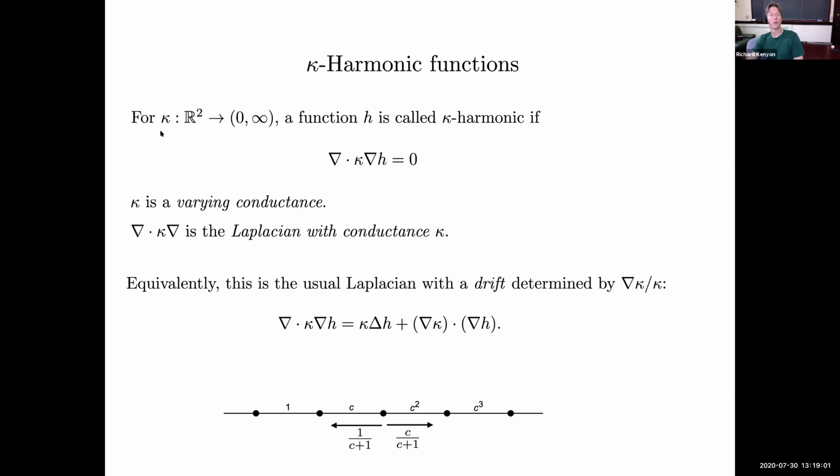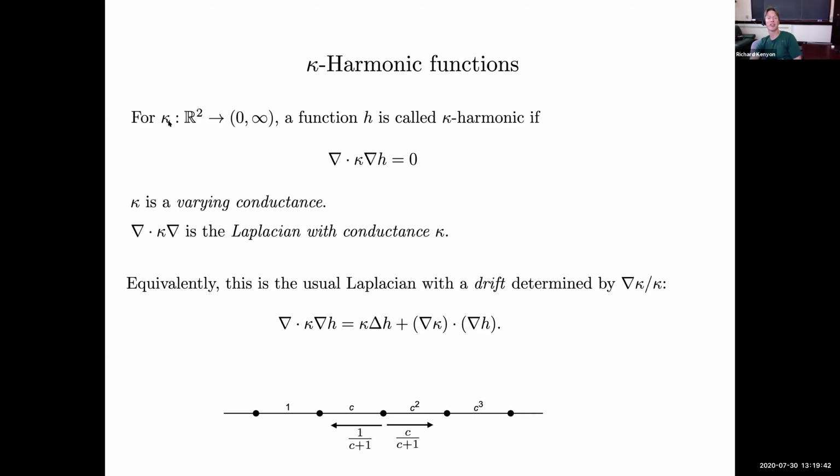Okay, so what's a Kappa harmonic function? Well, let Kappa be a positive real valued function on the plane or some domain in the plane. We're going to think of Kappa as a conductance function for a sort of electrical field on the plane. Imagine that your XY plane is made out of a copper sheet, but maybe of varying thickness, or maybe there are some impurities in the copper that make the flow of electricity go slower or faster depending on this function Kappa.